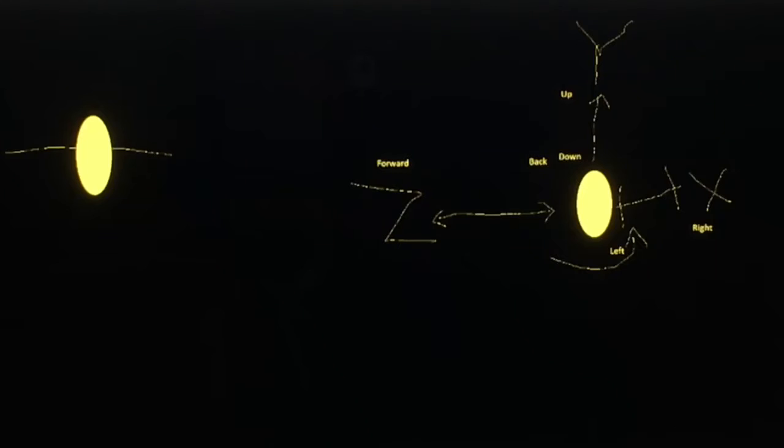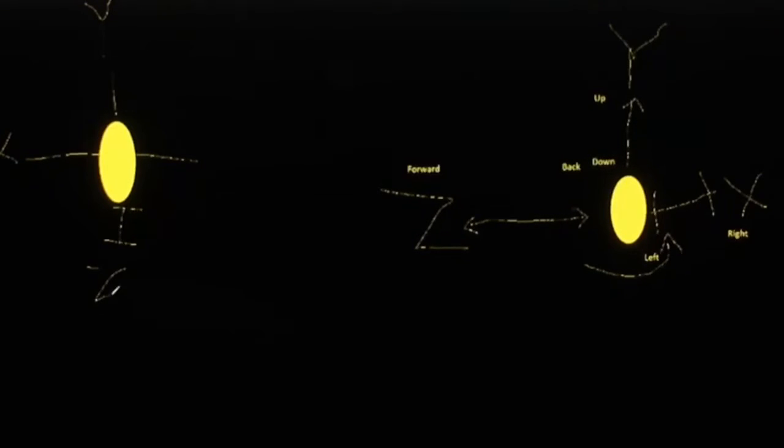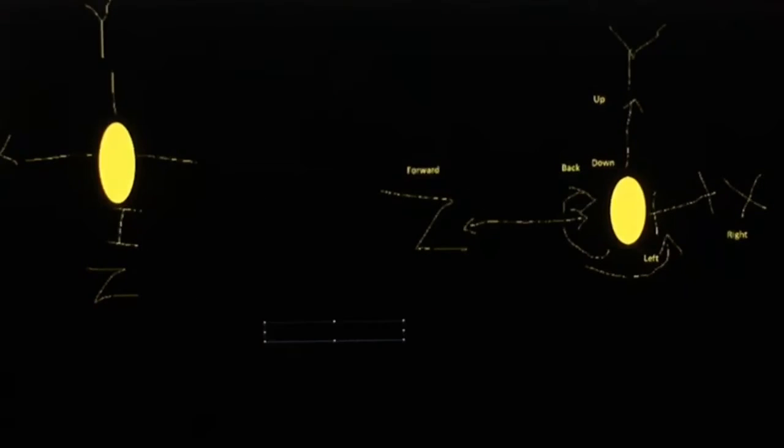So first, I'm going to draw the X-axis. I'll write an X there. And second, I'm going to draw the Y-axis. I'll write the Y there. And third, I'm going to draw the Z-axis right here. So that's forward and back. Then I'll write a Z. And same thing. They all mean the same thing.